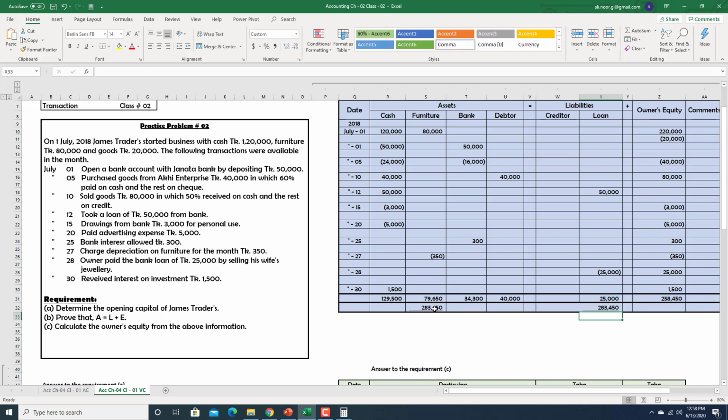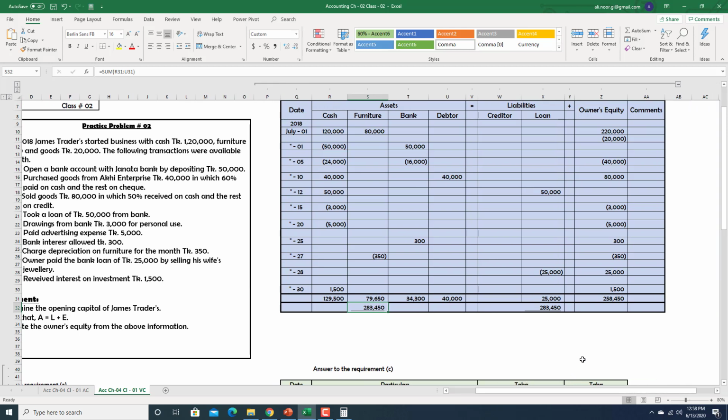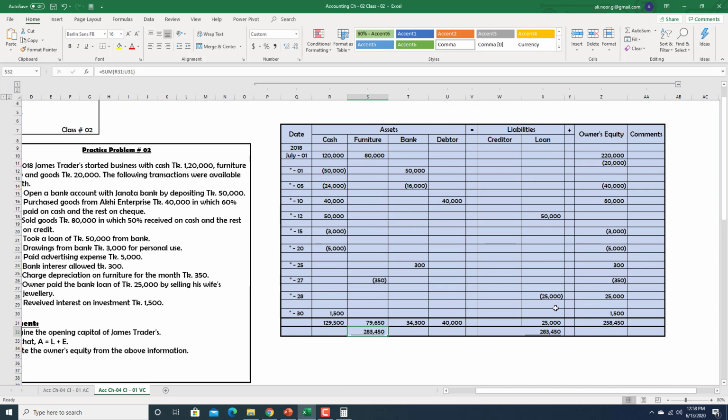So assets equal liabilities plus owner's equity. Okay, so since both are 2,83,450, I am sure that there is no error in the math.